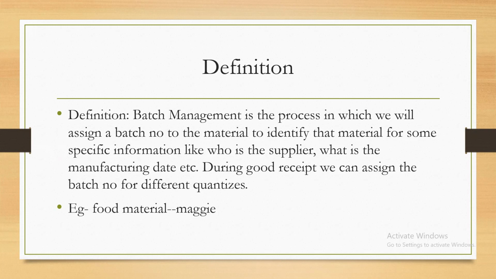So how do we identify which material was purchased first? All the material has the same material number. By a unique number, called the batch number, we can identify the material and use it with first priority. So batch management is important.